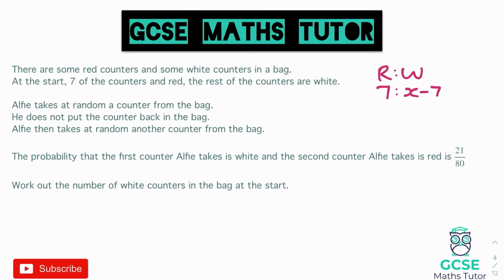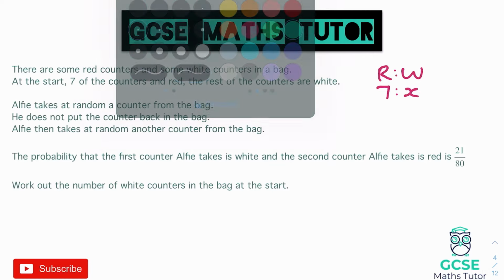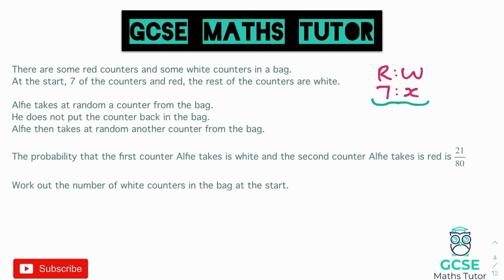So there are different ways of doing this, because we could have our total as being the X value, or we could rearrange this and give white as the X value, and then make our total X plus 7, which is probably a little bit easier to do. But when you're not given the letter for any particular part, there are 2 different ways that you can create your expressions. Both will work, but this is probably our easier way to do this.